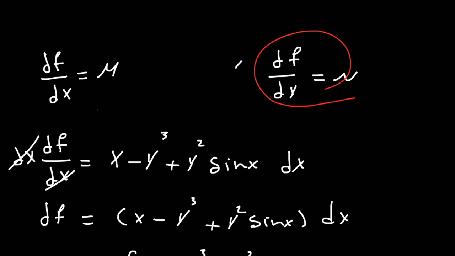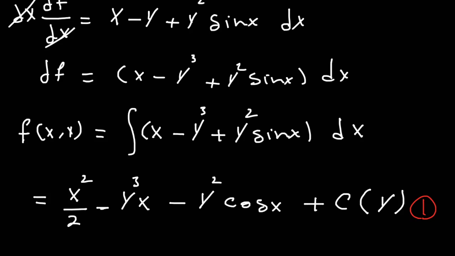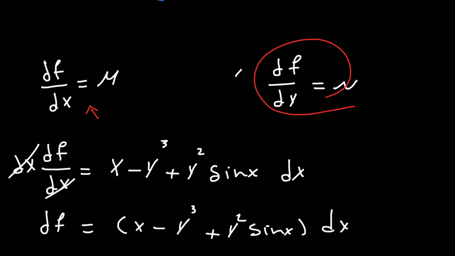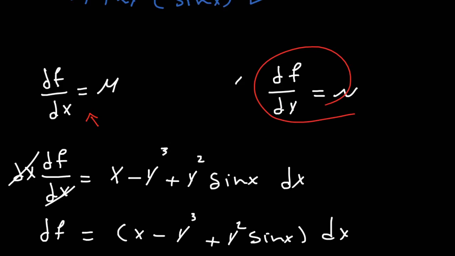We started with this term, we found df over dx, we set that to be equal to m, and we found the general solution, which is our first equation, this one. Now what we need to deal with is df over dy, and we're going to set this to be equal to n.